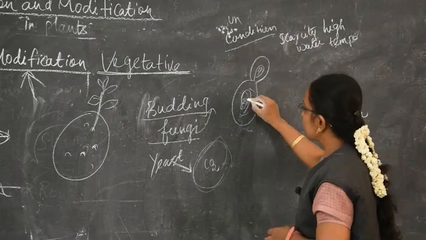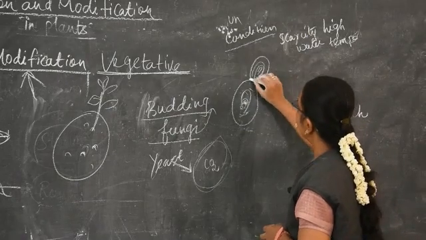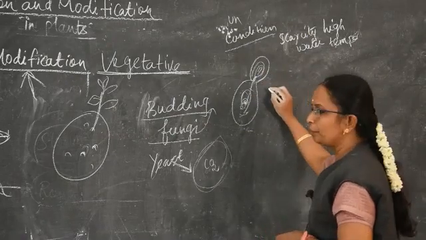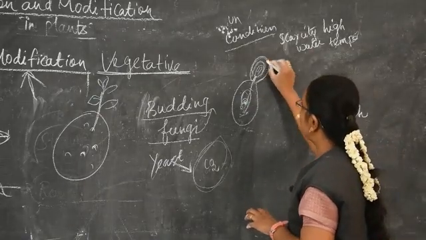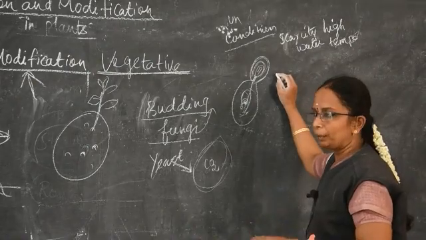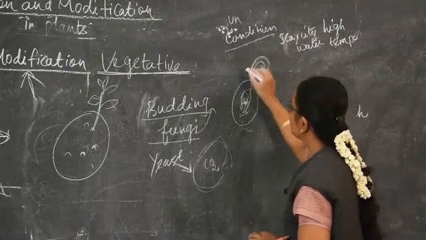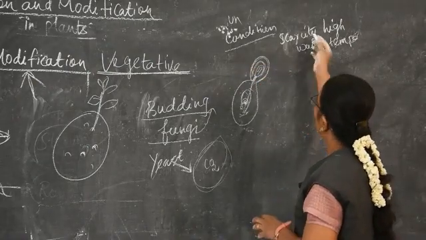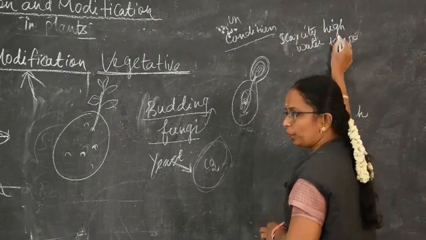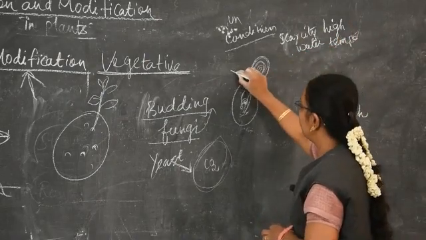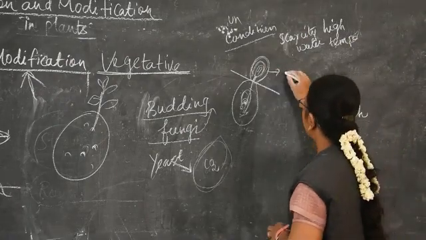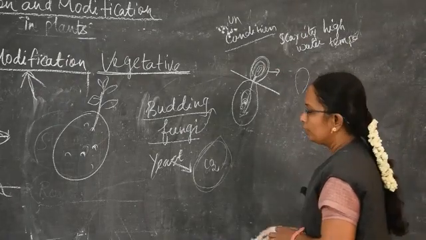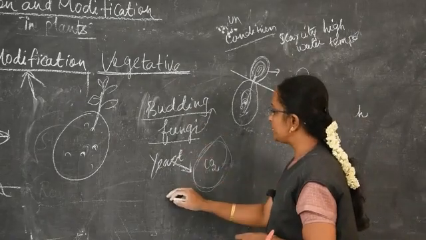In them, the nucleus, cell membrane, everything will be transferred from the parent plant. They take the nucleus, cell wall, cell membrane, everything from the parent plant. And then when the conditions become favorable for them, with availability of water and moderate temperature, they cut off from the parent plant. And then this bud develops into a newer fungus, newer yeast.